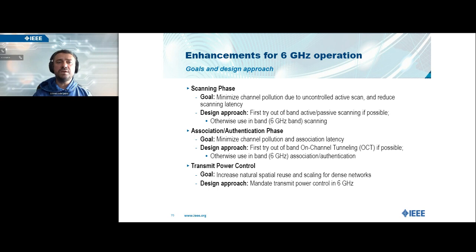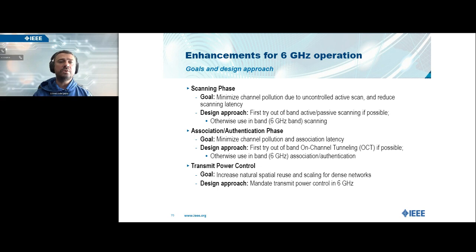The other part was the association and authentication phase. Also here, minimize channel pollution and association latency. Similarly, instead of using the 6 gigahertz band, first try on-channel tunneling in the 2.4 or 5. So perform the association and authentication in the band that you're currently in, as opposed to going to the 6 gigahertz band, finding the access point, and then associating and authenticating to that access point.